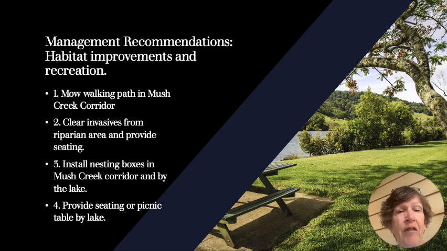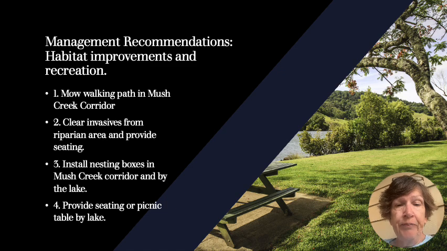Number 2, clear the brush and invasives from the riparian area and provide seating. Number 3, install nesting boxes in the Mush Creek corridor and by the lake. And number 4, provide either a bench or a picnic table by the lake.